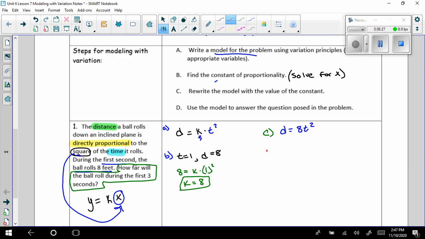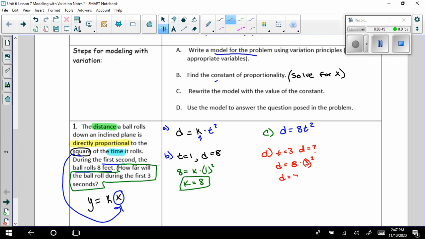And so then we can use that, knowing that our time is 3 and we don't know d, we can plug in. So d is equal to 8 times 3 squared. Okay. So we square our 3, is 9 times 8.